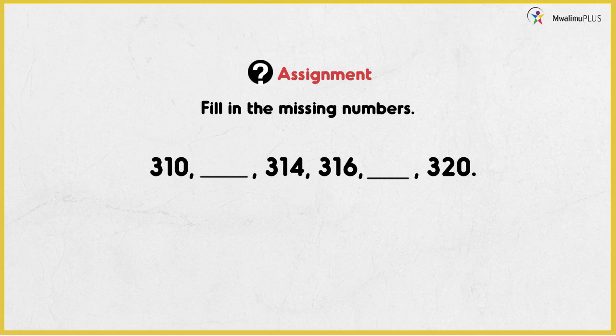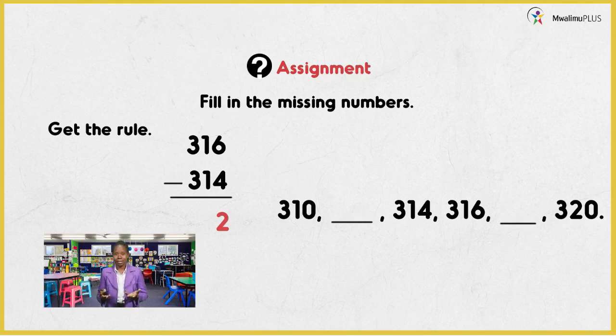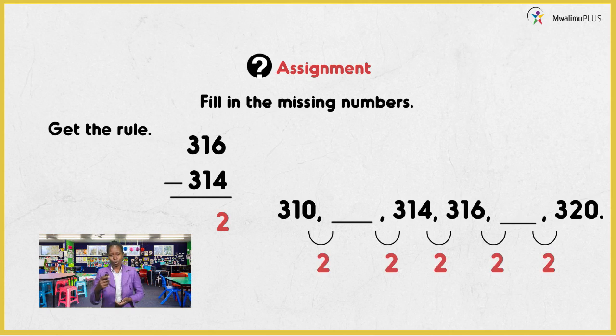Very good. Let's see. We take the biggest number, which is 316. We take away 314. And we get a simple number, a whole number, which is number 2. Very good. So, in our pattern below, we are going to continue adding 2 to every number to get the next number. So we start by number 310, then you add 2 to get what? 312.